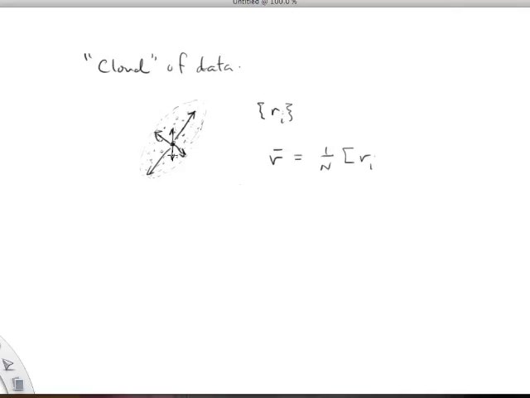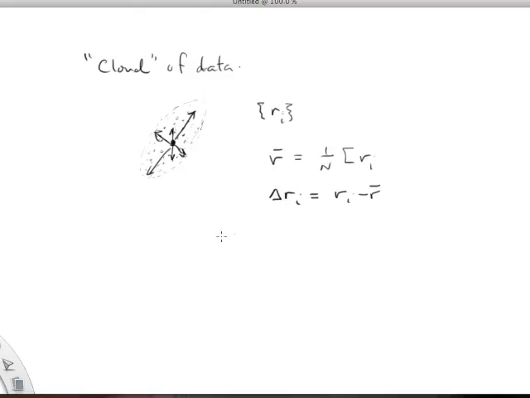And then you can consider the deviation of all of the points from that center. That's basically just taking this point here, defined as the center, to be the origin. And then how do you go about describing the width of the cloud?